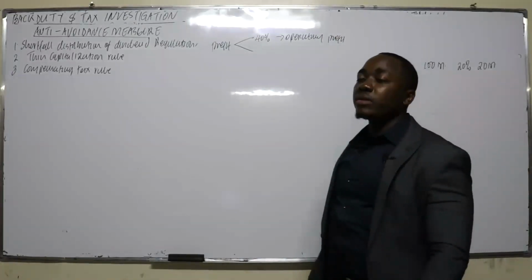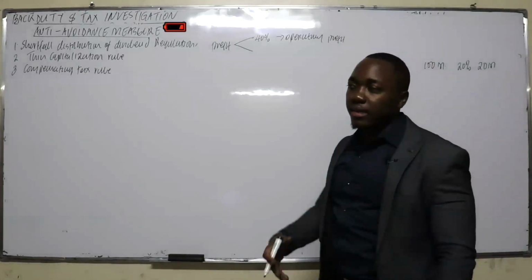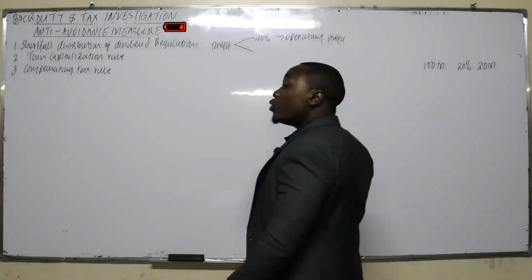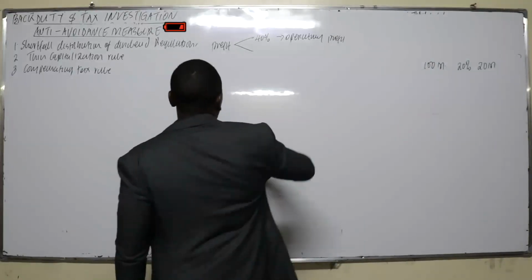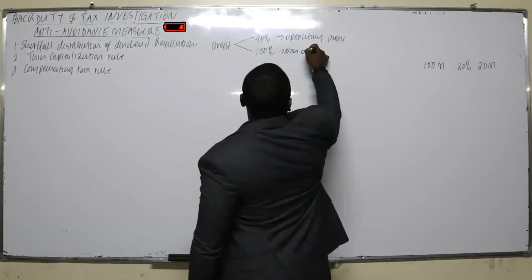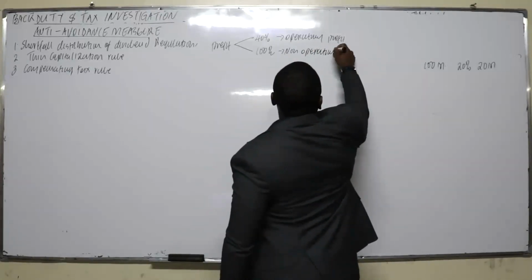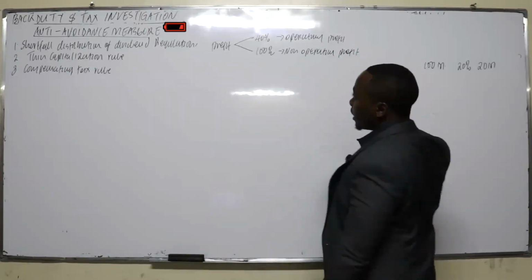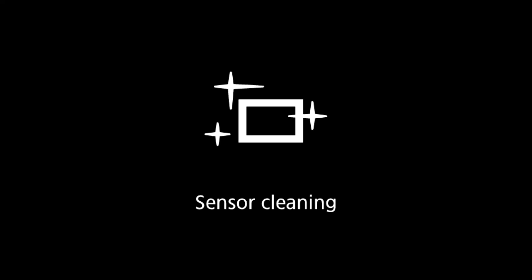And in case there is any non-operating income, such as investment income or rental income, you distribute 100% of it to the shareholders. That means you pay more dividends to the shareholders, since once you distribute to them, the government will get more tax in the form of withholding tax.